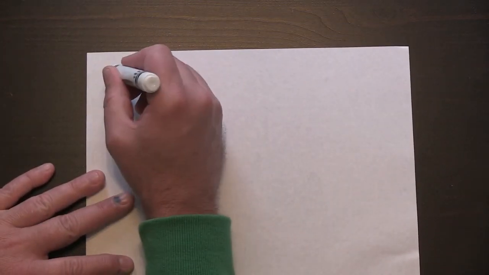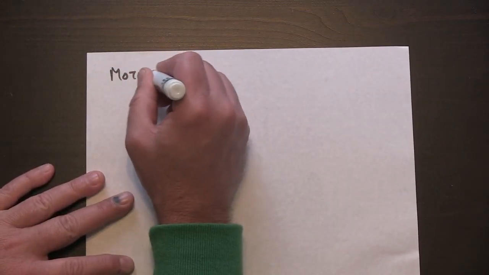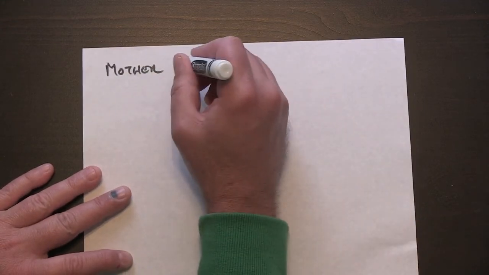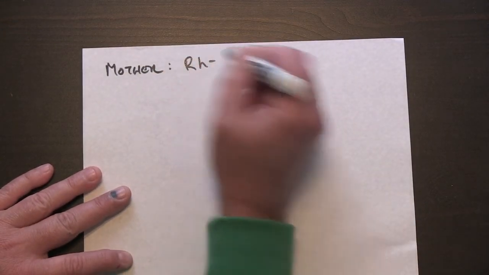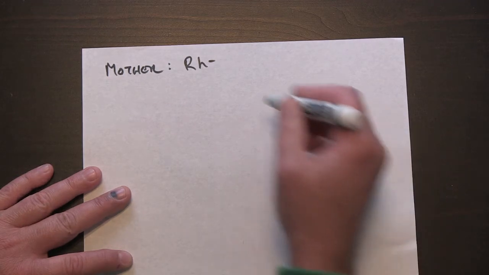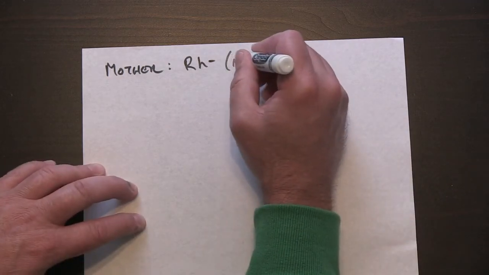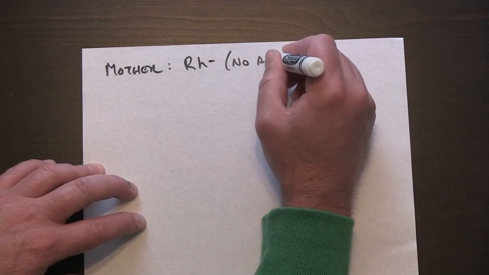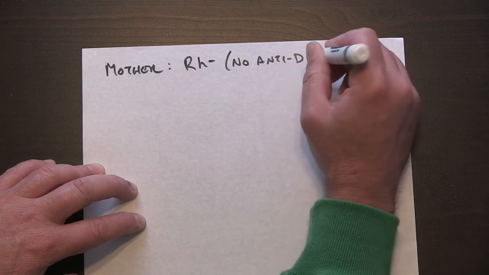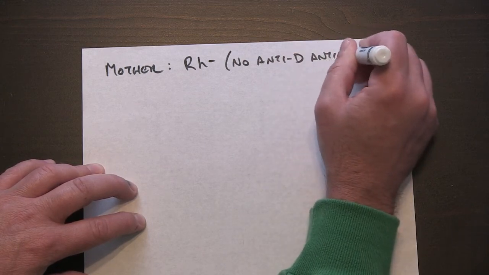But if, let's say, a mother is Rh negative, so she has no anti-D antibodies at first.